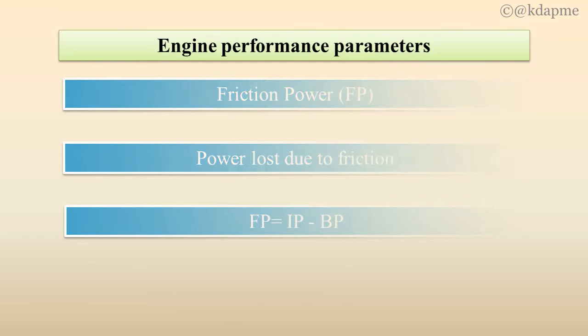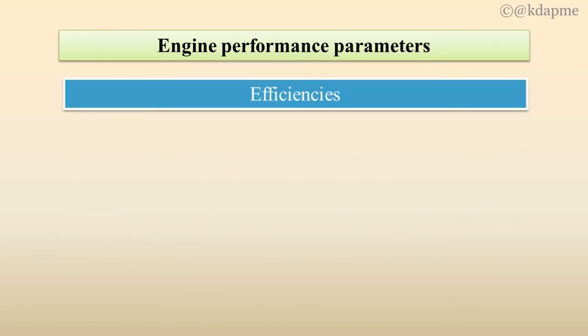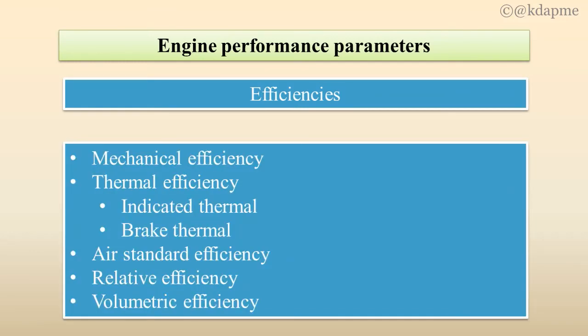Now let's discuss efficiencies. In order to compare two different engines, we need to take a few efficiencies into consideration. This is the list. The very first is mechanical efficiency.